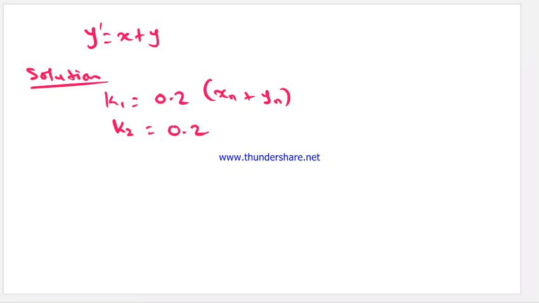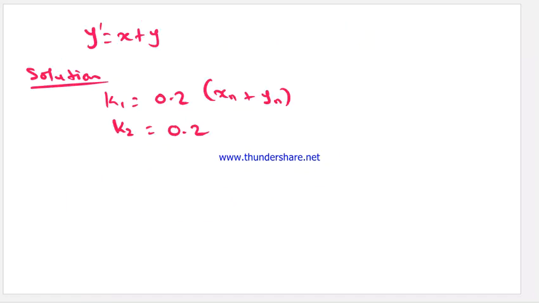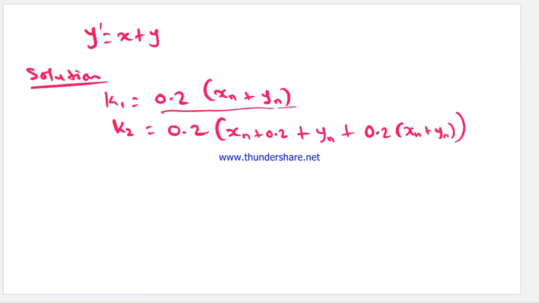You remember the formula, h f(xn plus 1, yn plus k1). So it will now be xn plus 0.2, that now stands for xn in the k2 step, plus yn is no more ordinary yn, but we have to add the k1 to it, which is this. So we add this k1 to it.